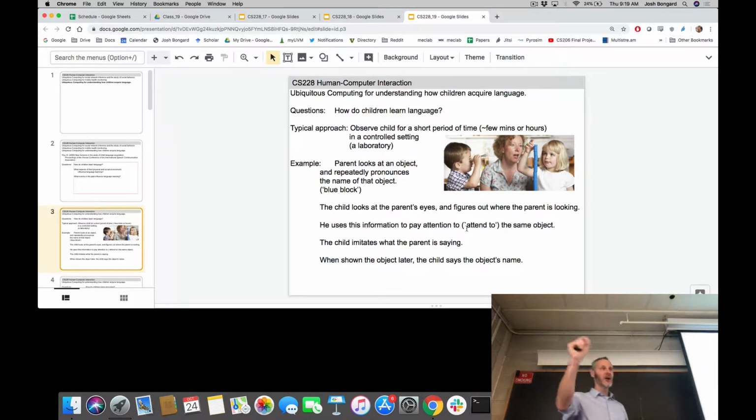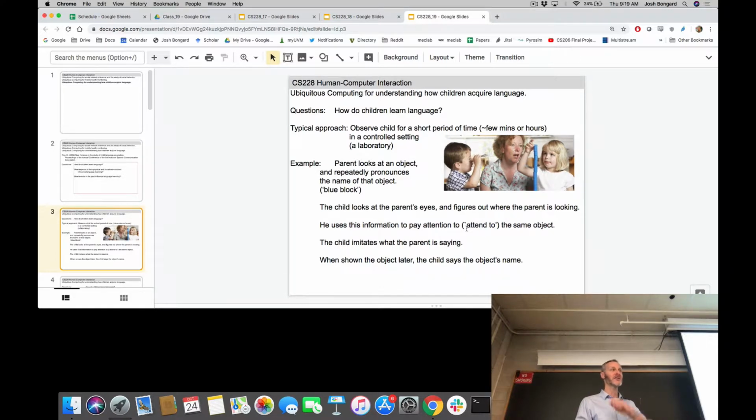As the child follows the parent's gaze to the blue block, at the same time the child hears the word blue block. So perhaps we can derive the hypothesis that children acquire language, assuming the child then said blue block. We could treat this observation as evidence supporting the hypothesis that children acquire language through joint attention.